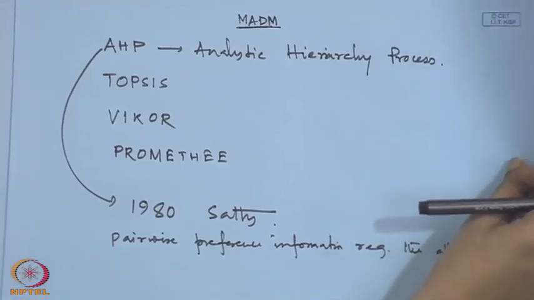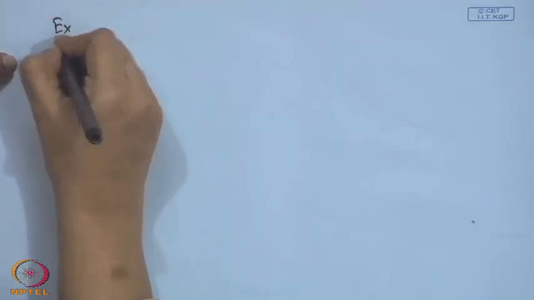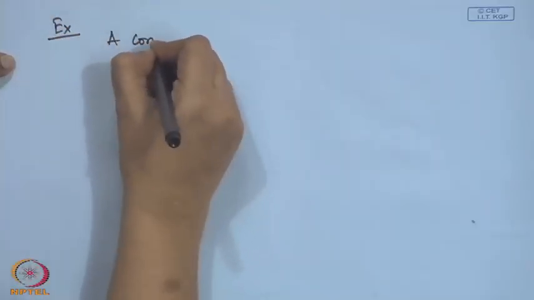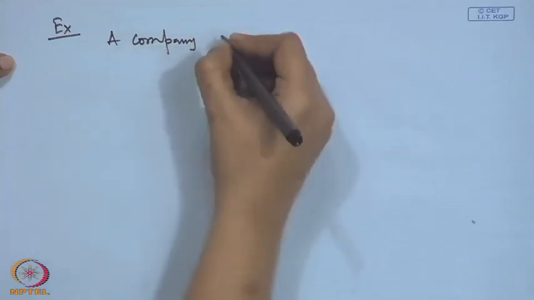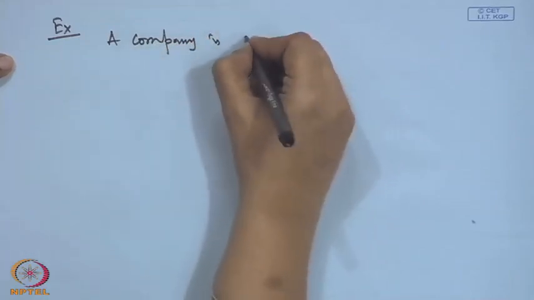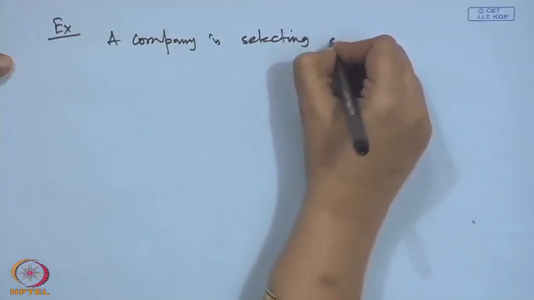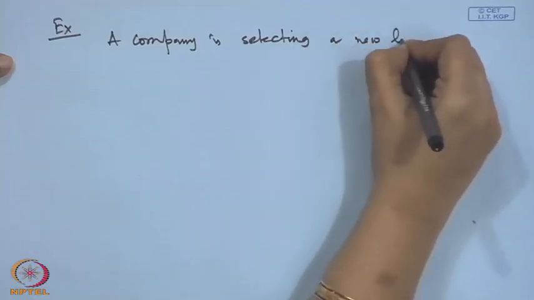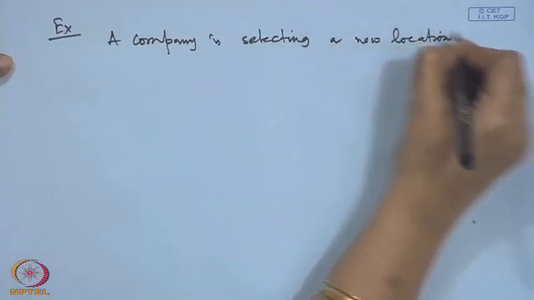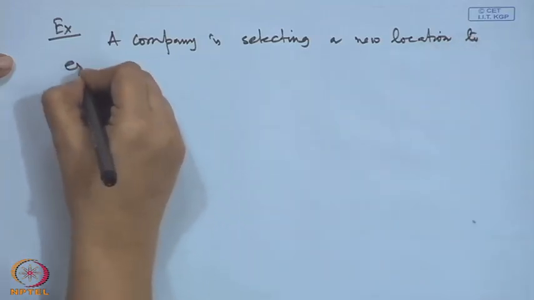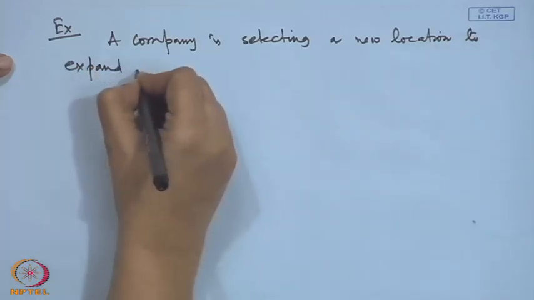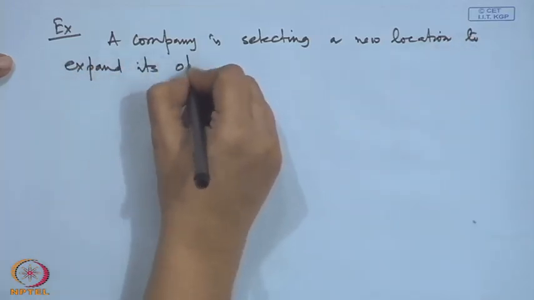Now, if I take one example, it would be much clearer, that is why I will explain the AHP with one example. Let us consider a company is selecting a new location to expand its business.